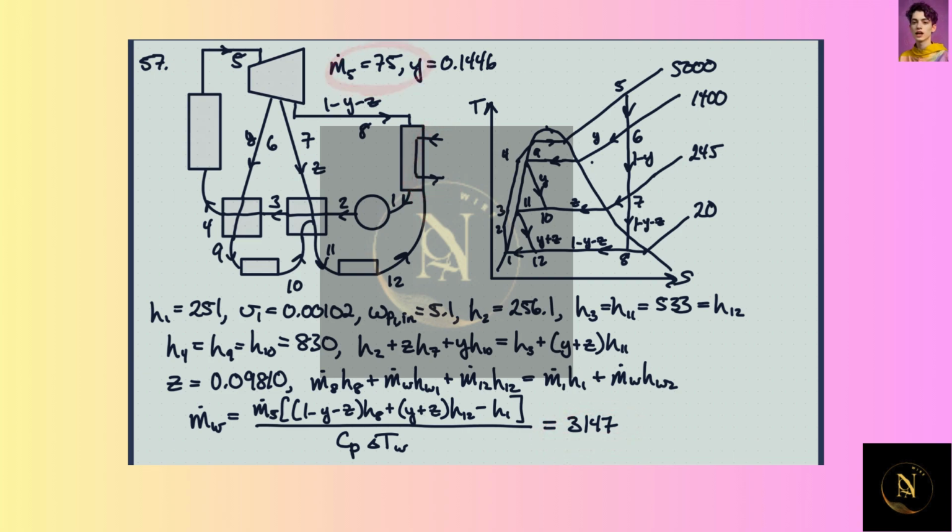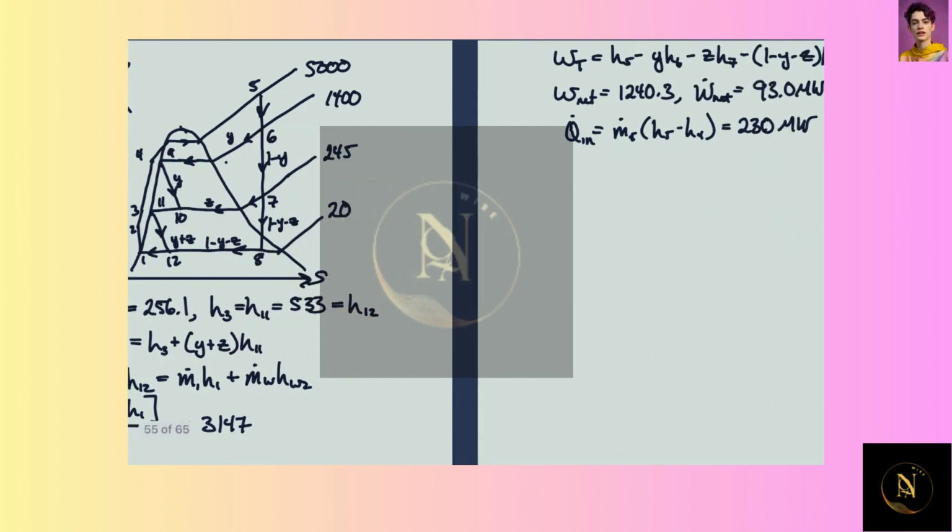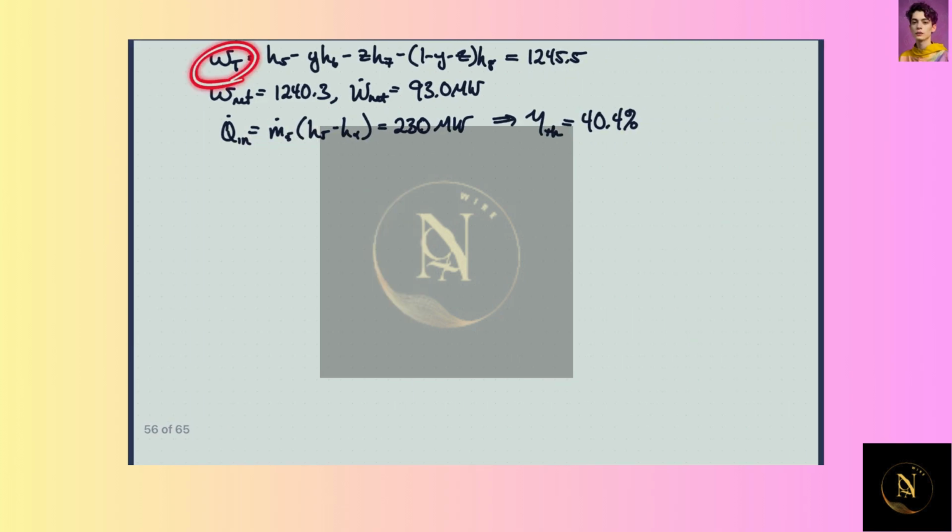So we have a whole lot of cooling water flowing through here, much more than we actually have working fluid flowing in here. Now, net power out of the turbine. Again, energy balance on the turbine. So here's the specific work out of the turbine.